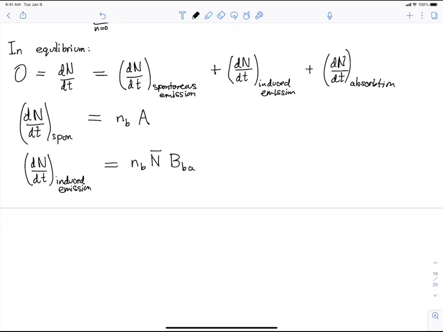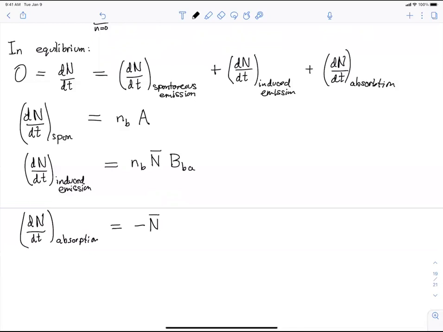And then thirdly, we know that the absorption rate, so really what this is telling us is how does the number of photons change when I absorb photons? So first of all, it's negative. If I'm absorbing photons, I'm reducing n as time goes on. It's proportional to how many photons there are present, n bar.